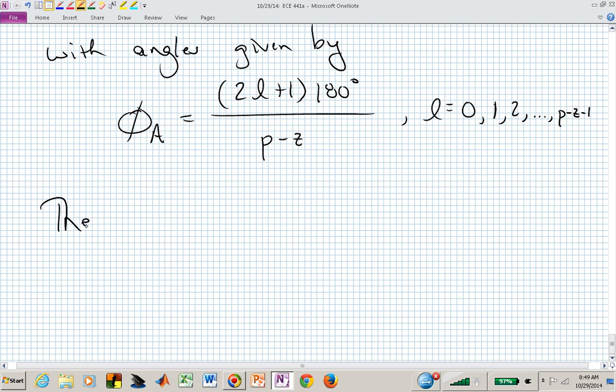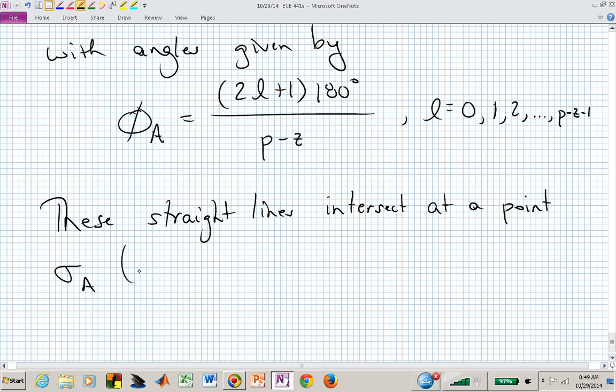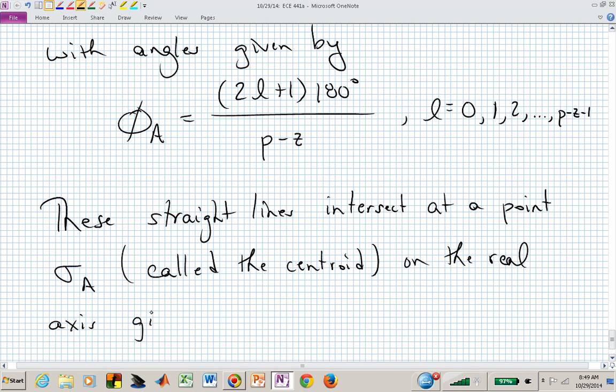These straight lines will actually intersect at a point which we will call sigma sub a, the centroid, on the real axis, given by the following formula.